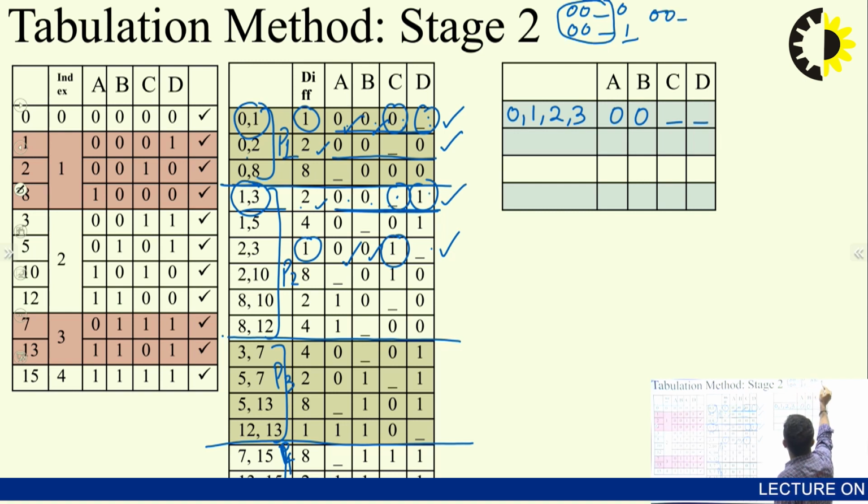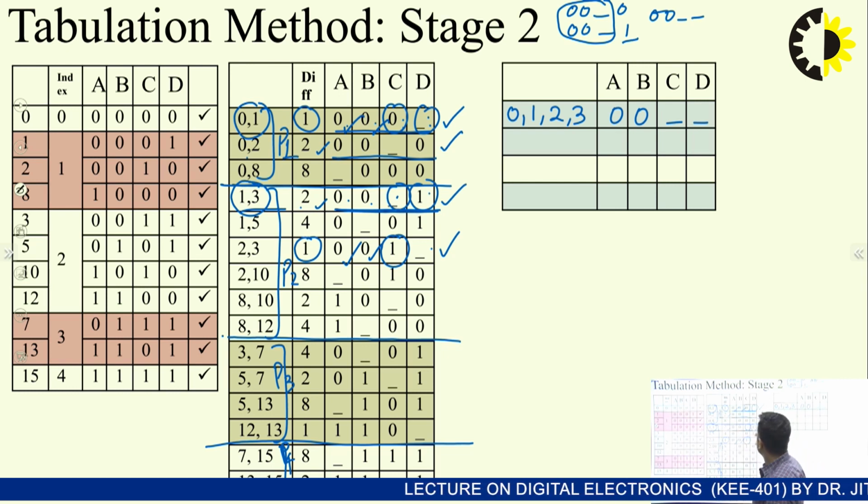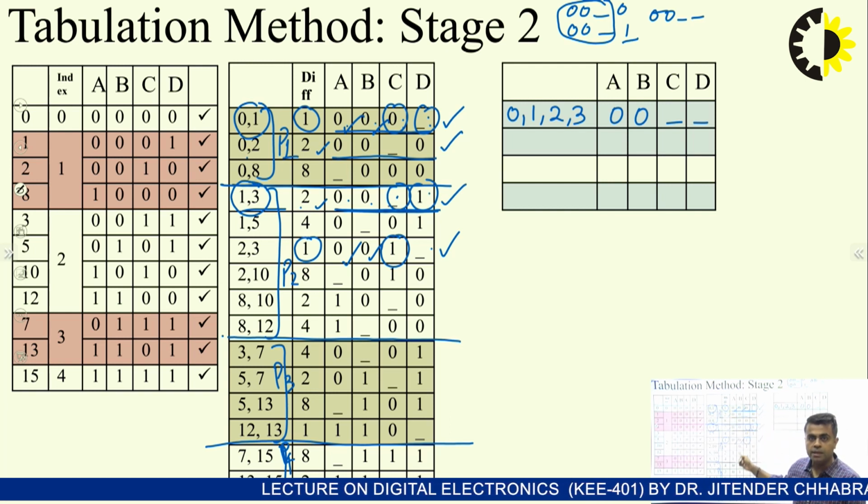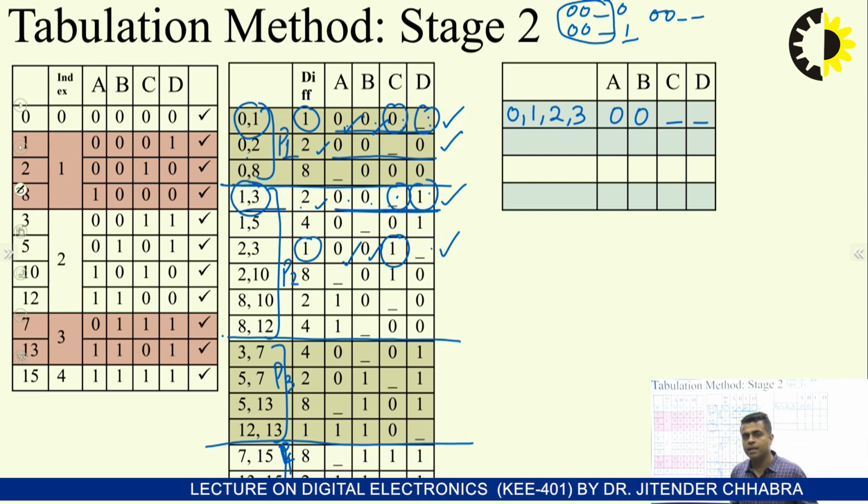So 0, 0, dash, dash. If I write it, it will be replicated. So either I write 0, 1, 2, 3 or 0, 2, 1, 3. Both are the same, so I am not repeating that. The important thing is that I am taking it because it is making a group, but I am not writing it because it is already there.